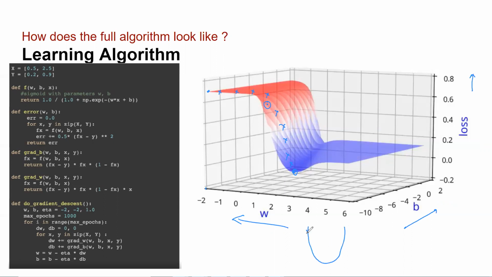Initially you are here and you want to reach here. You have specified the learning rate, which is eta, and eta is 1 here. In every update, you'll take some step of jump. Since your jumping step is big, you might overshoot this point of minima.